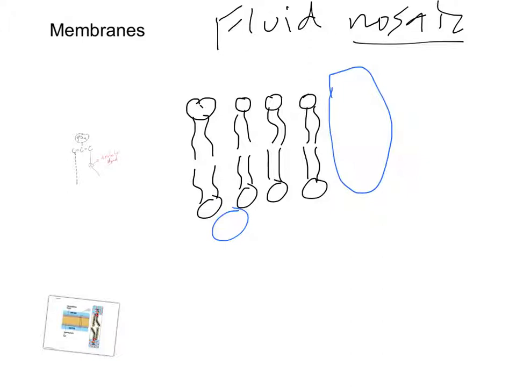Give me an example of a protein that you know is an integral membrane protein, meaning it's integrated into the membrane, that we talked about last week. There was a particular name of a protein that I'm looking for. Yes, it is transmembrane.